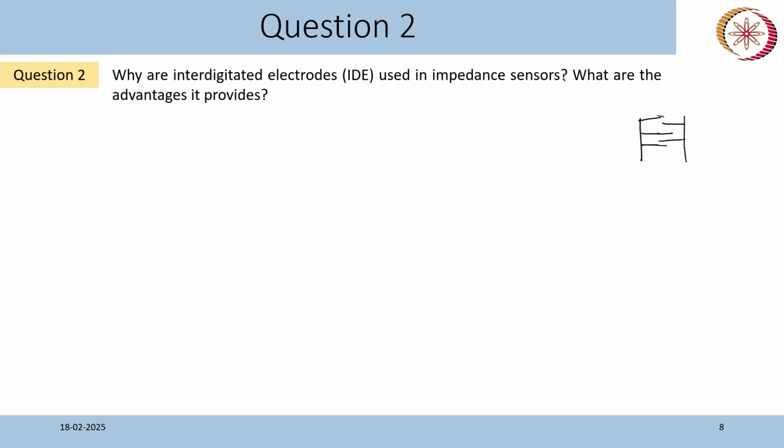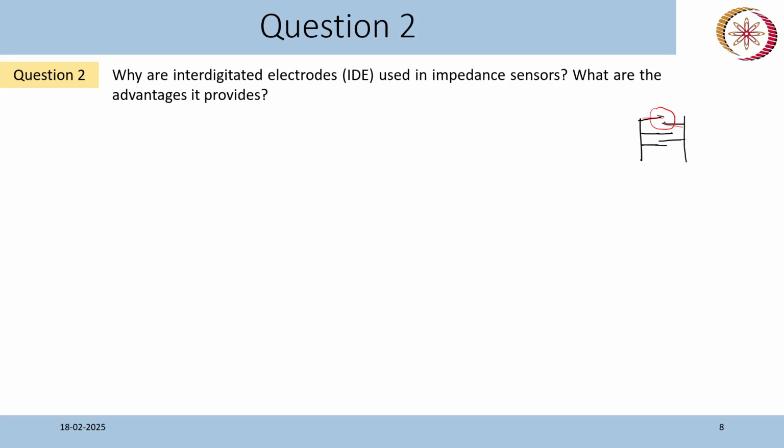So as you can see here, if you use an interdigitated electrode, the overall sensing area will increase. Say if you place some material here, because of these two electrodes, you know that there will be some capacitance between these two because these are metal lines.